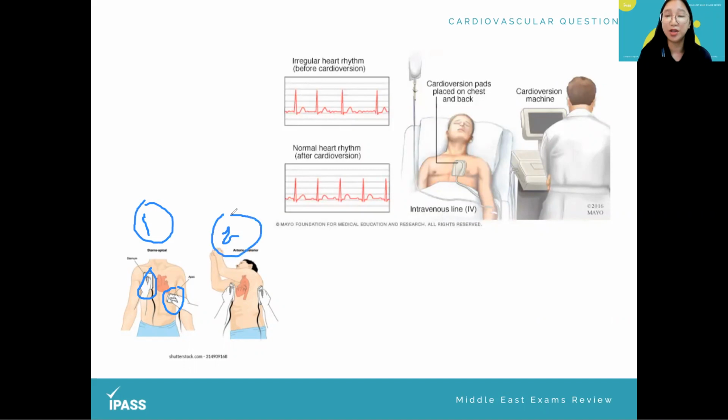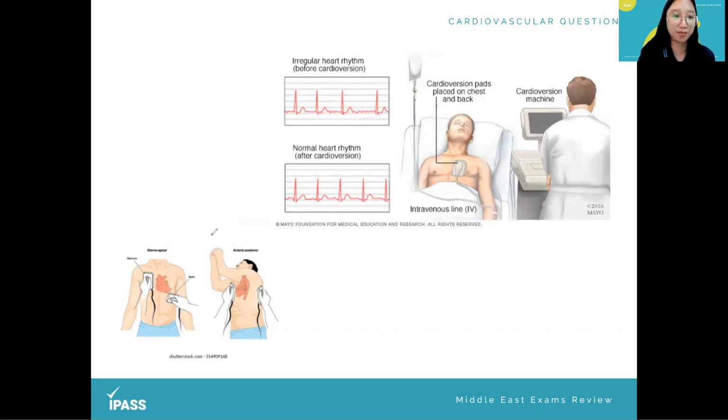So that is cardioversion. When the pads are placed and the patient is hooked with an IV line, the doctor will monitor the ECG tracing. Then the doctor will deliver the shock through that machine. When the shock is delivered, the rhythm goes from a chaotic rhythm to a normal sinus rhythm. So this is basically your cardioversion.